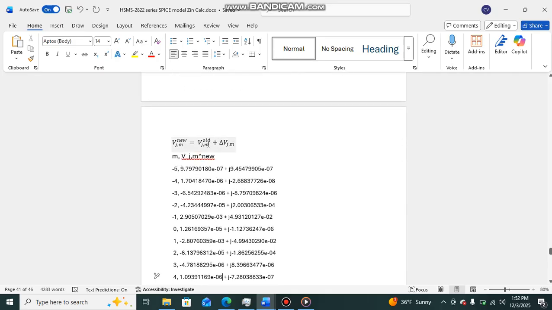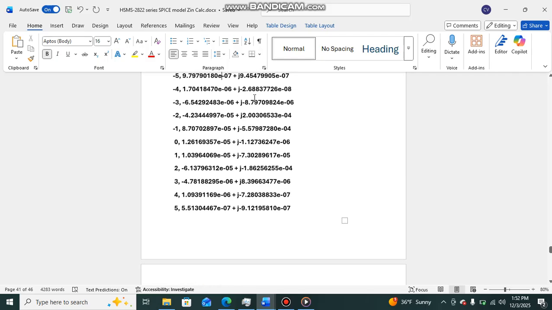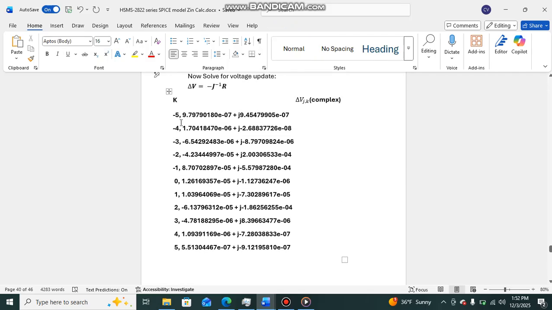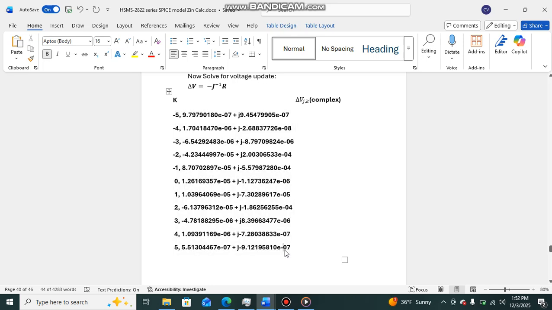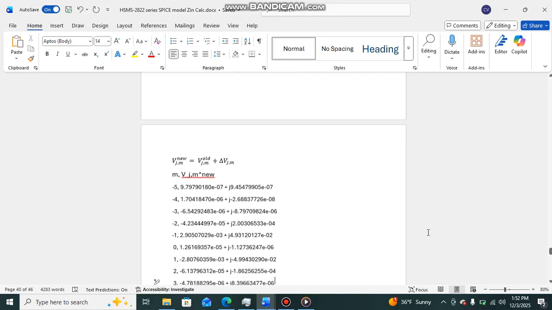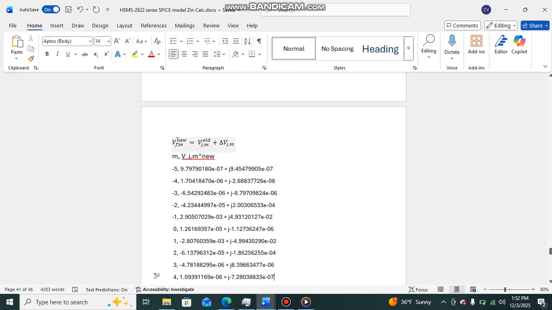And then you would do delta JVM, which is all the values that I computed right here from the Jacobian and the residuals. You get the new values right here.